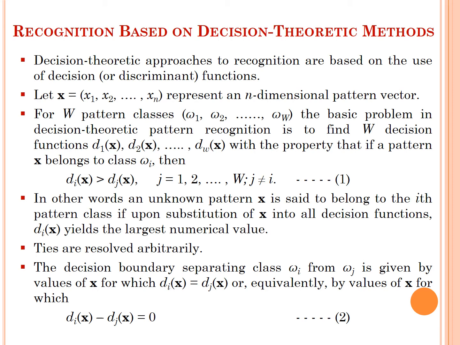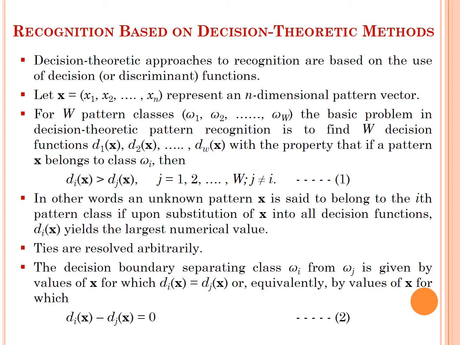The basic problem in decision theoretic pattern recognition is to find w decision functions, that is d1(x), d2(x) up to dw(x), with the property that if a pattern x belongs to class wi, then di(x) is greater than dj(x) for j equal to 1 up to w, j not equal to i.